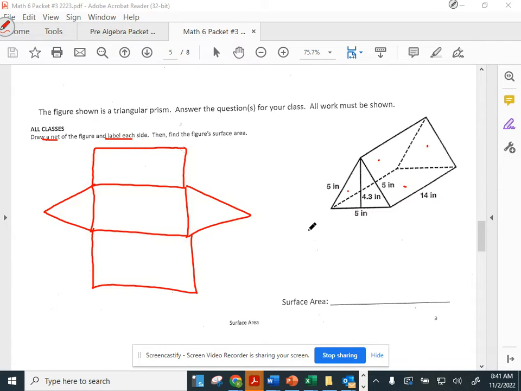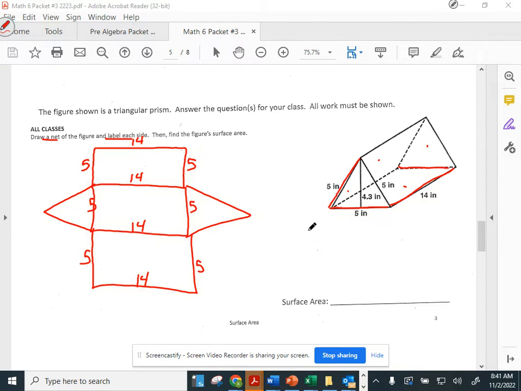Now I need to label each side. The length of each rectangle is 14 inches. So each of these long lines I know are all 14 inches. And then I can see we have 5 inches for each end. So each end is 5 inches.